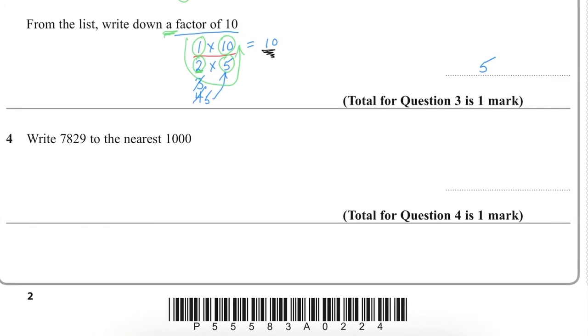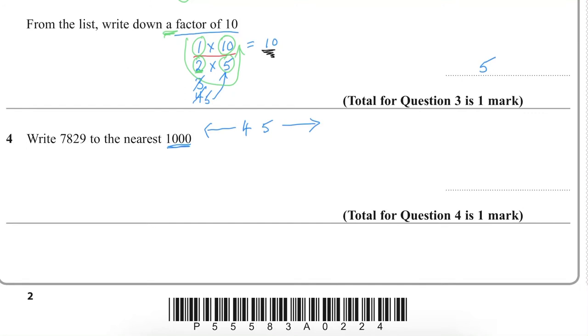And let's have a look at question 4. Write 7,829 to the nearest thousand. Okay, so I'm sure you remember that 4 and below, round down, 5 and above, round up. Easy way to remember. So 7,829, we're looking at the thousandth figure.